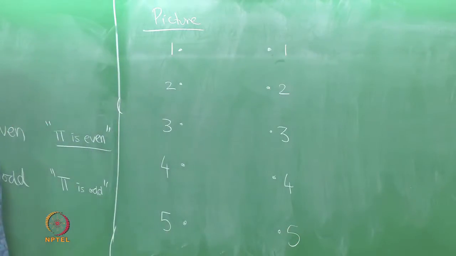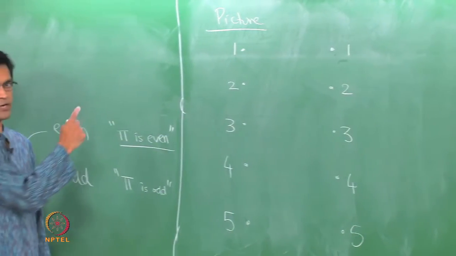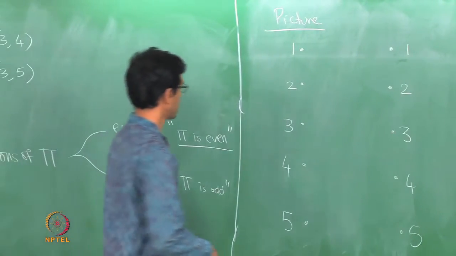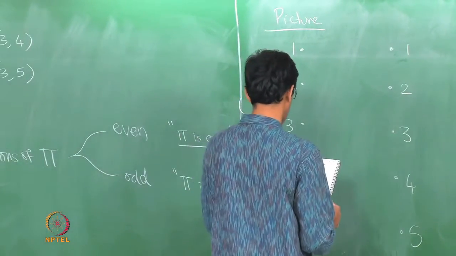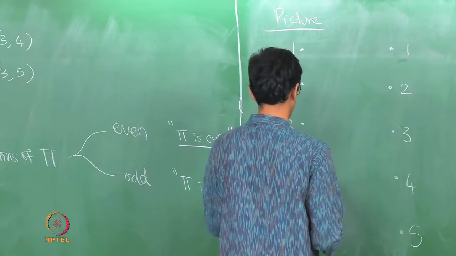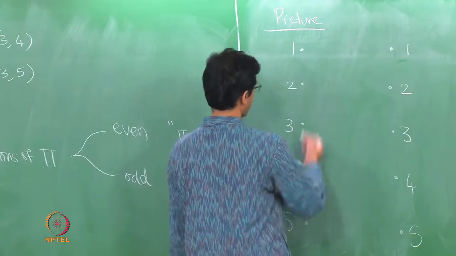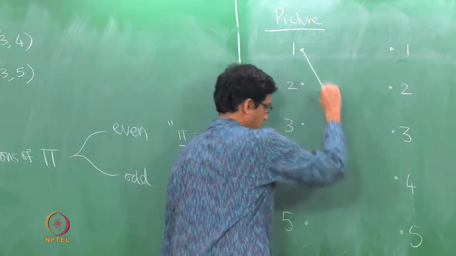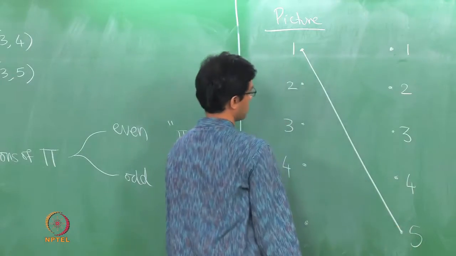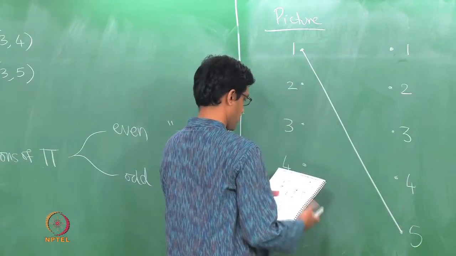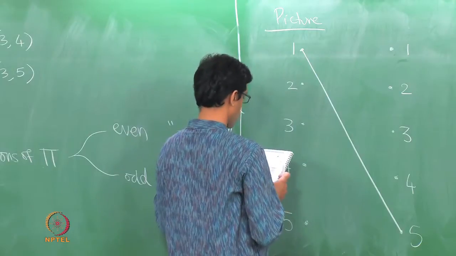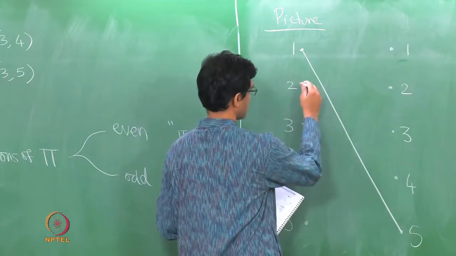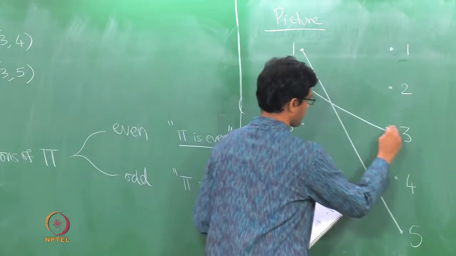Okay, so I am going to draw the function diagram. What does pi do to each number? Pi maps, as we just said, 1 to 5. I will draw it as close to a straight line as I can. What does it do to 2? It maps it to 3.